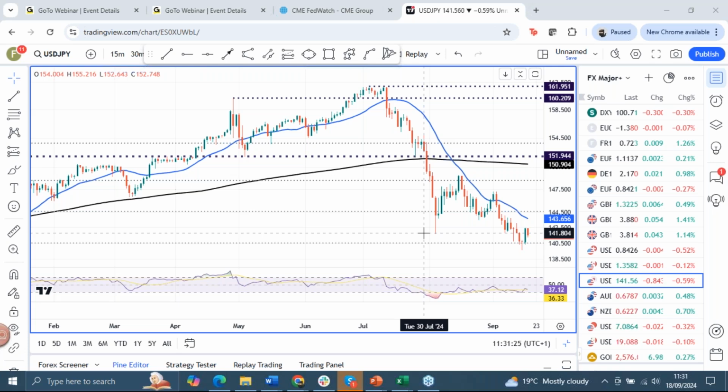Regarding the yen, of course, although Bank of Japan officials have been repeatedly noting the pace of rate hikes will be slow, we've seen this divergence in monetary policy strategies between the bank and the rest of the central bank world. That has led to a surging yen, and in dollar yen, we've seen that 161 and above high, and then a really strong sell-off in dollar yen.